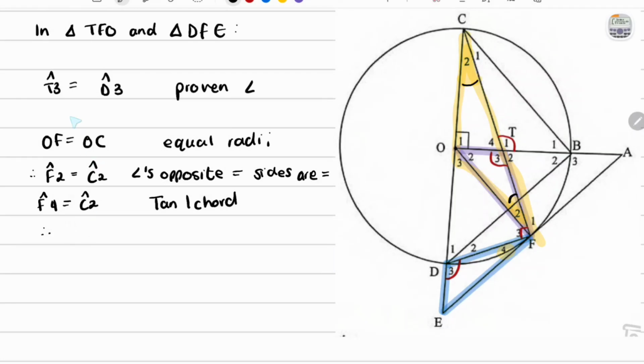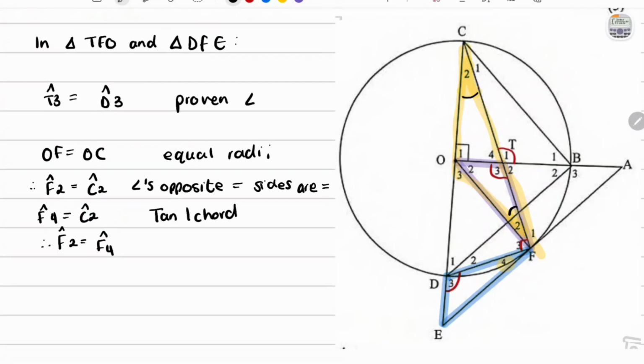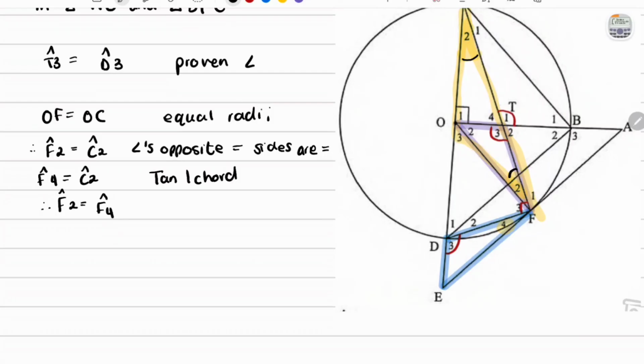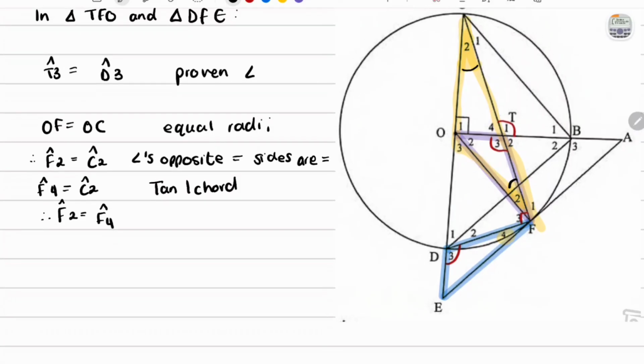And so now because F2 and F4 are both equal to C2, it means that angle F2, let me put this in the right order. So TFO, yeah, it's F2. So angle F2 is equal to angle F4 because they're both equal to angle C2. So in the two triangles, those two angles are equal. Then these two angles are equal. And then lastly, because those two angles are equal, by default, the third angle in each triangle is equal.